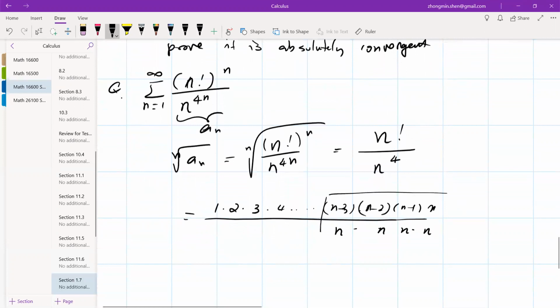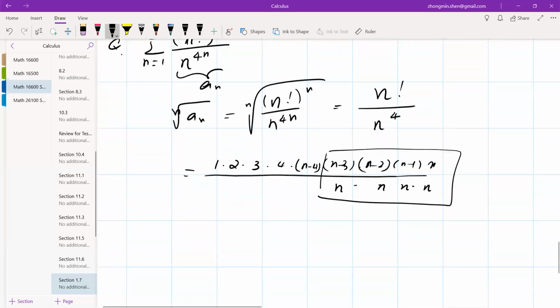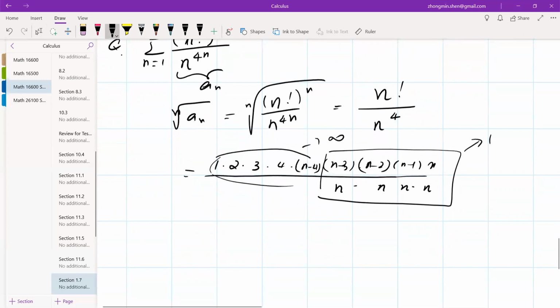So this is n to the 4th power. Now those terms converge to 1. But how about the rest of them? This part converges to 1, no problem, that's easy to see. But this part converges to infinity because it's n minus 4 factorial. So clearly the product approaches infinity as n goes to infinity.